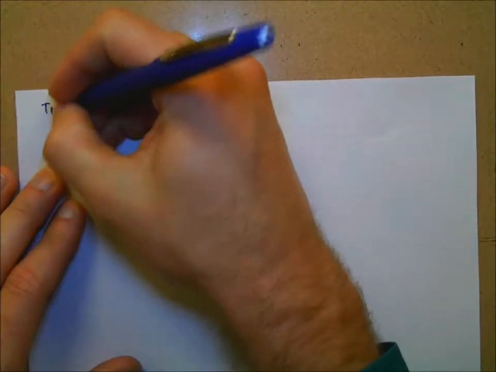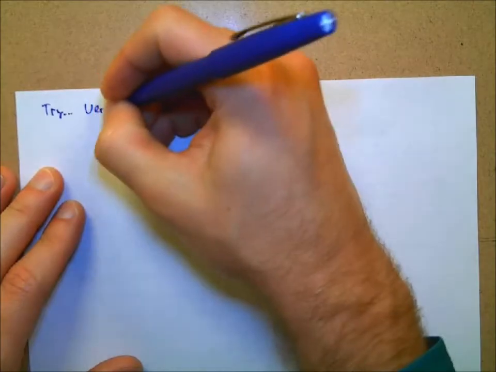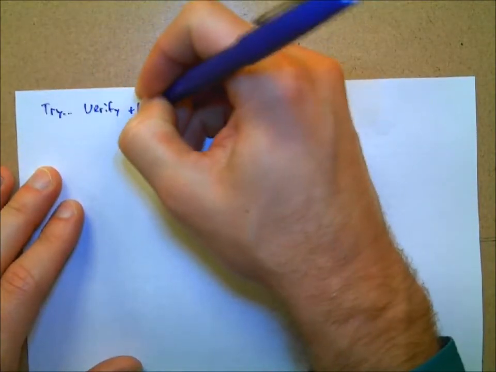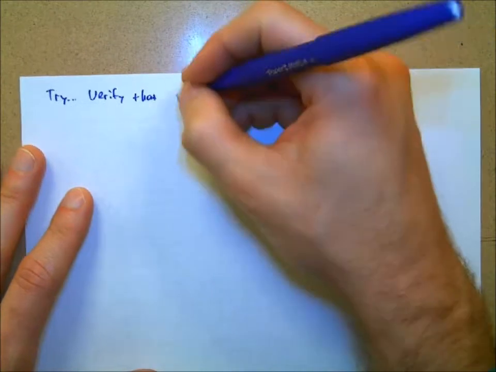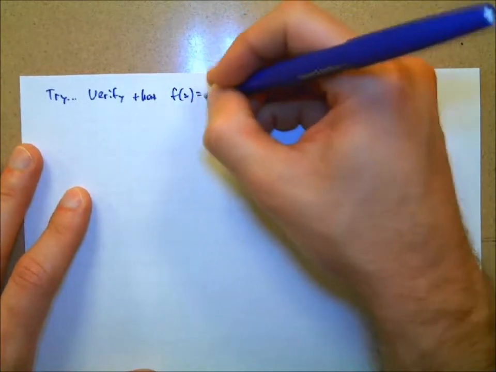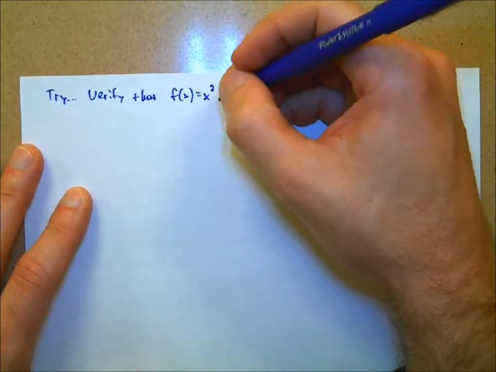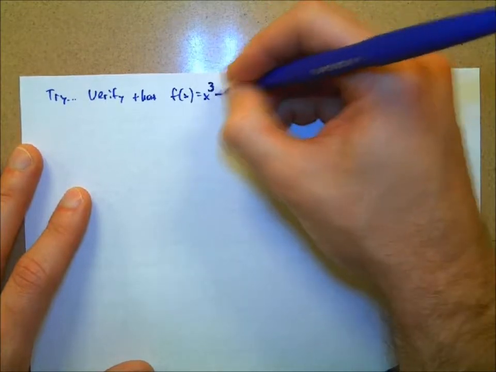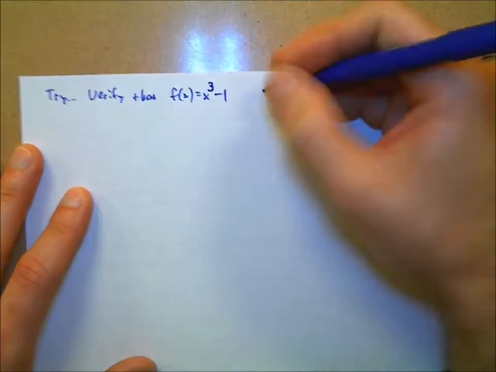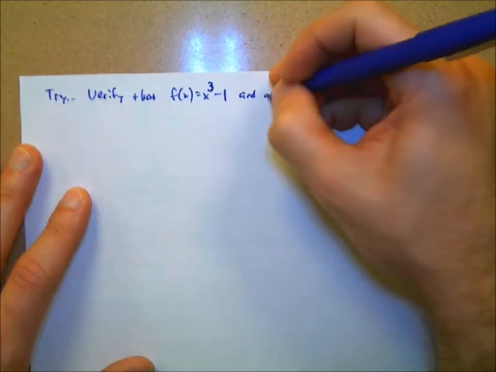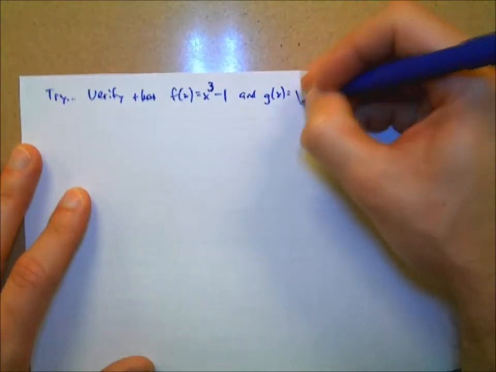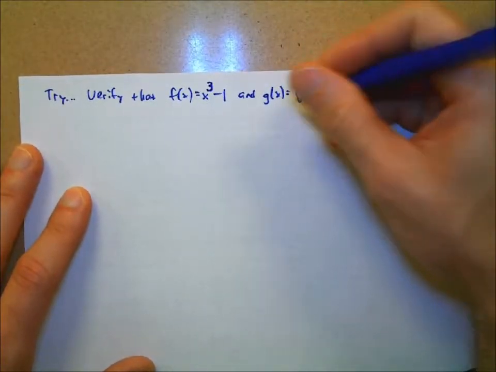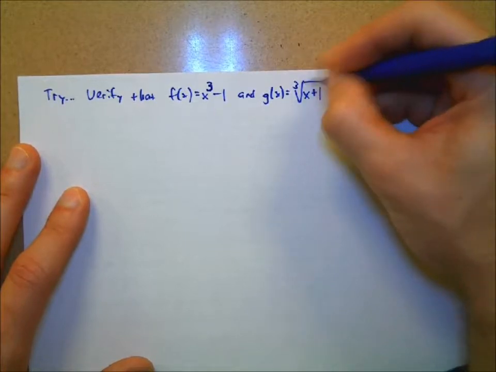Oh yeah, I got one for you to try. Here we go. I want you guys to try this one. Verify that f of x equals x cubed minus 1, and g of x equals the cube root of x plus 1, are inverses.